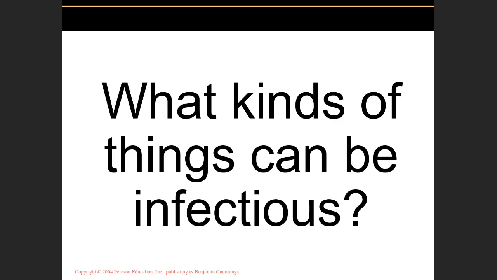So remember, we've talked about a lot of different kinds of prokaryotes: Salmonella, Shigella, Staph, Strep, all kinds of things. So what's no longer a cell, but is still infectious? Viruses, right. And today we are going to start talking about a lot of different animal viruses.